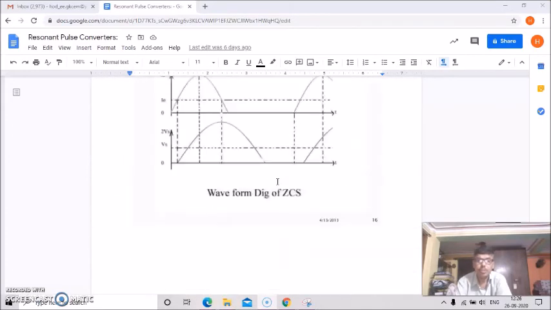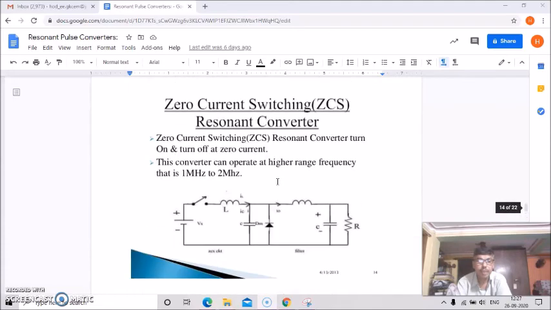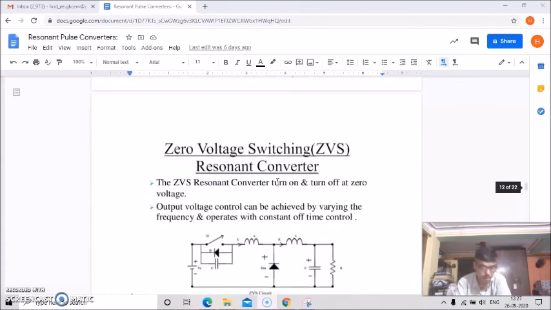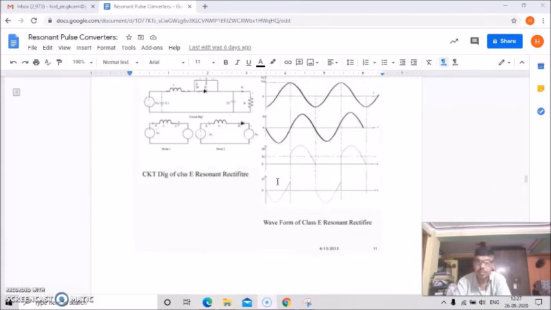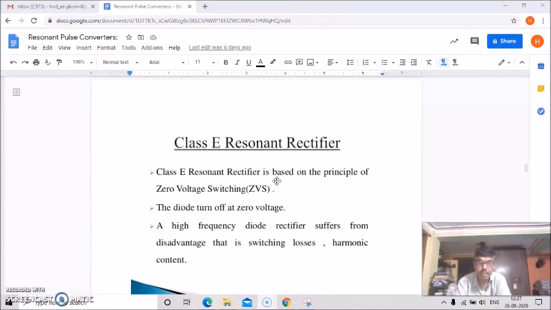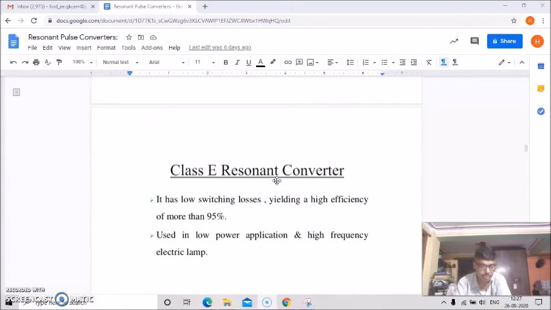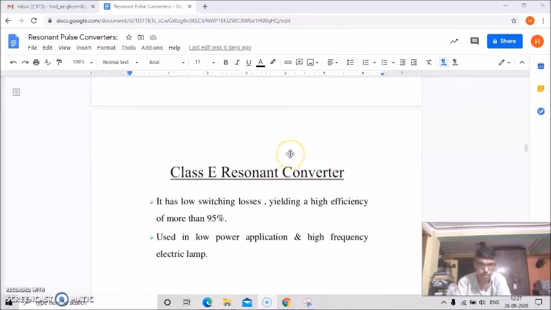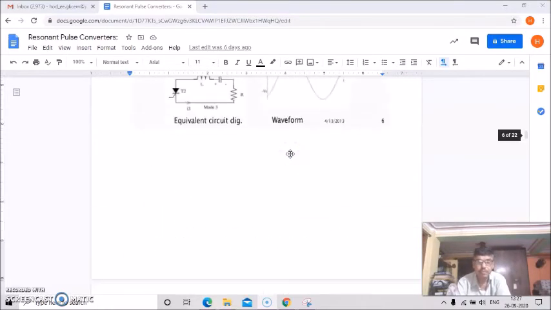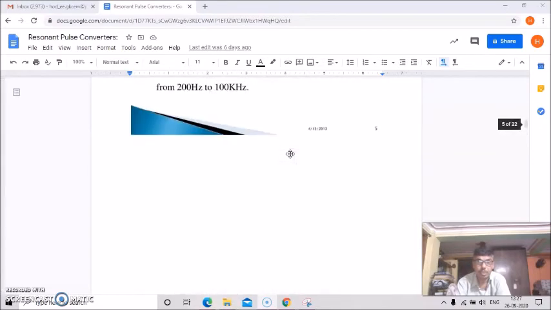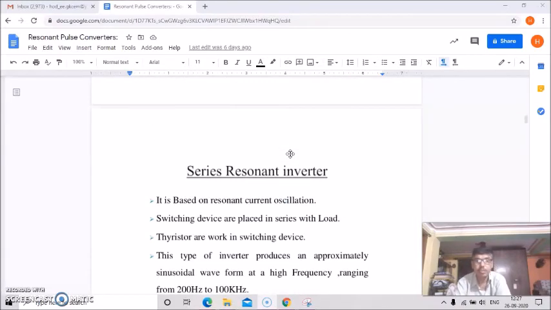In today's discussions, we started with a basic introductory part, which we gained in our last class, and then we extended the discussion to resonant conversion and how it is used for different types of resonant converters and pulse converters.